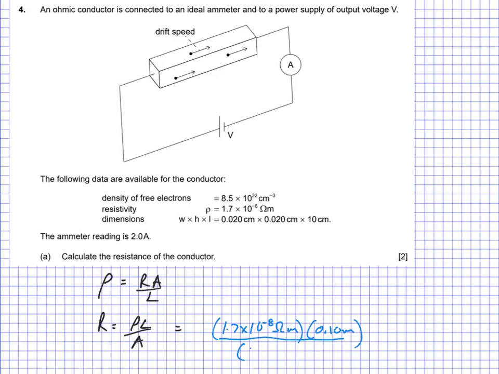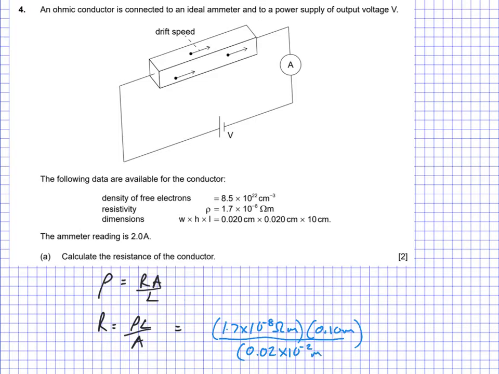Let's leave it like this: 0.02, but I'm going to go times 10 to the negative 3 to get my meters. Nope, negative 2, because I'm in centimeters, apologies. Negative 2, and that's in meters.